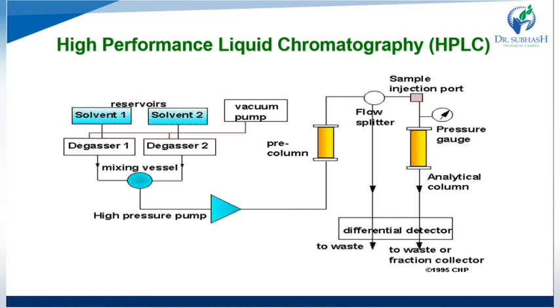This is the schematic diagram of the automatic HPLC machine. Then the high pressure pump, then the flow enters the pre-column, then we inject the sample at the sample injection port, then it flows to splitters, generates the pressure, and goes to the analytical column, then to waste or a fraction collector and the differential detector.